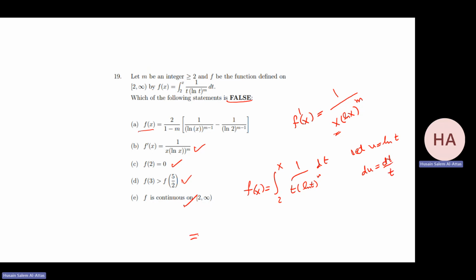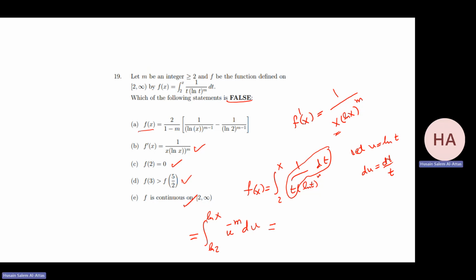So this one will be the integral of ln 2 to ln x of u to the power minus m du, where m is greater than or equal to 2. So I have from ln 2 to ln x.